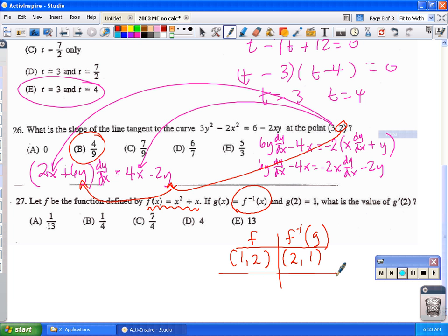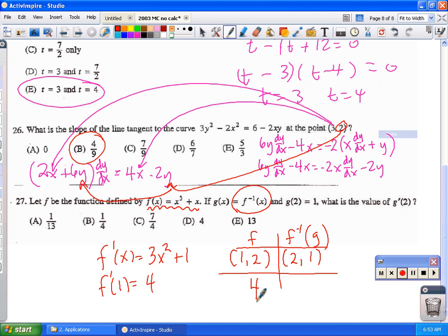Okay, so now we're going to find the derivative. Now we know that f of x is given, so the derivative of f of x is 3x squared plus 1. So I can find the derivative of f at 1, which would be 3 plus 1 is 4. So the derivative of f at 1 is 4.